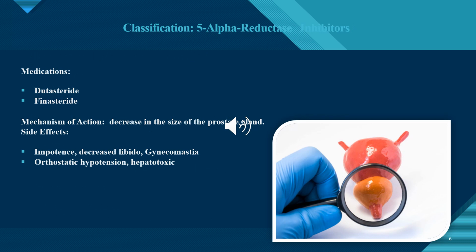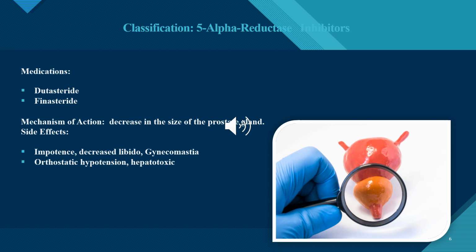Another classification of medication used in BPH is the 5-alpha reductase inhibitors. The medications listed here are dutasteride and finasteride. For the ladies that will be working in the hospital soon, whenever you are giving finasteride or dutasteride, make sure that you use chemo gloves, because this medication can lead to sterility.